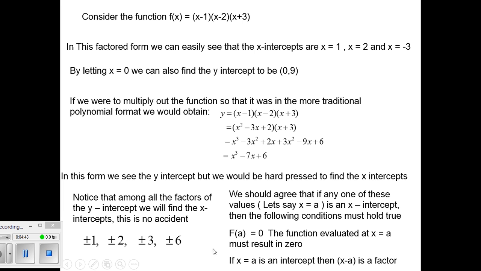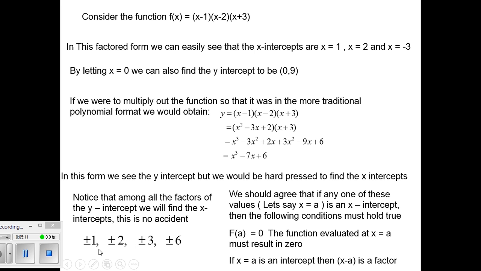So two very, very important items to take note of here. Actually, three. First, the x-intercepts will be among the factors of the y-intercept. My y-intercept here was 6. All possible factors, 1, 2, 3, and 6, all going plus or minus.